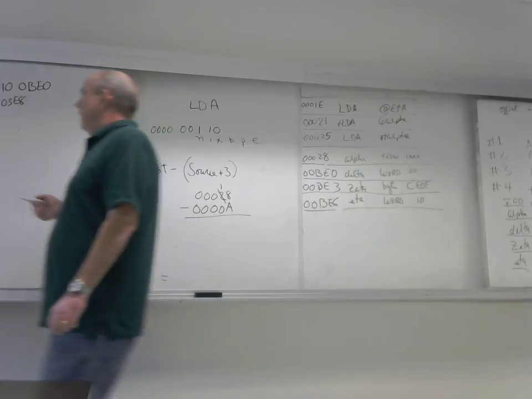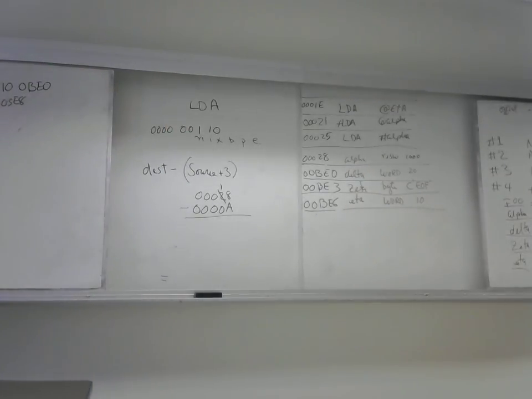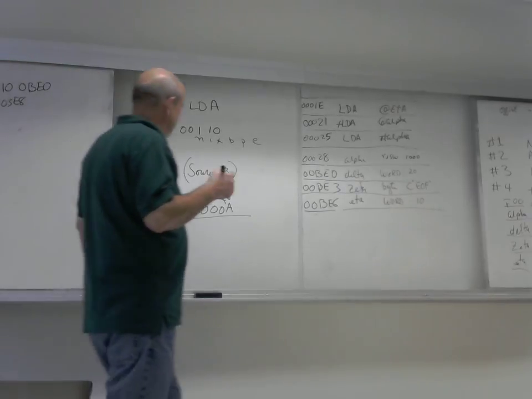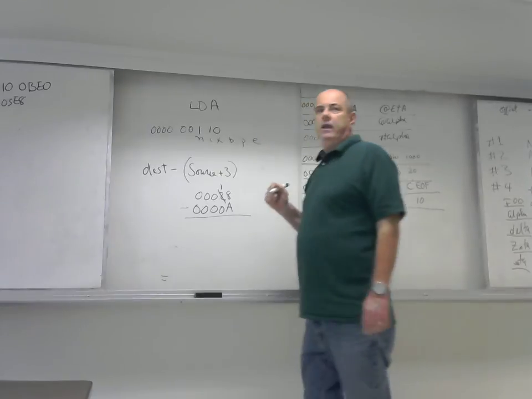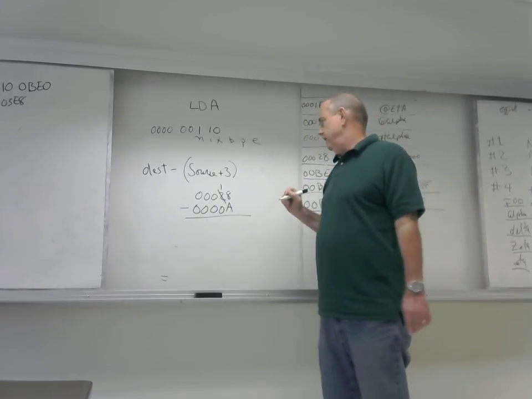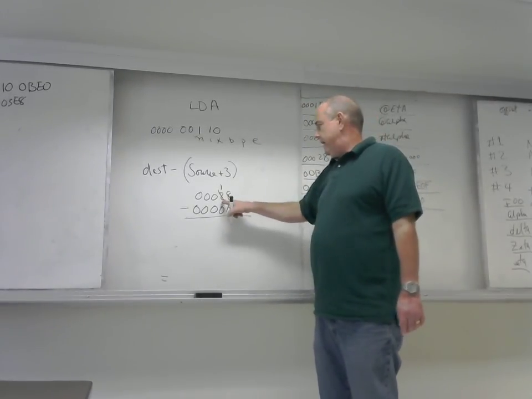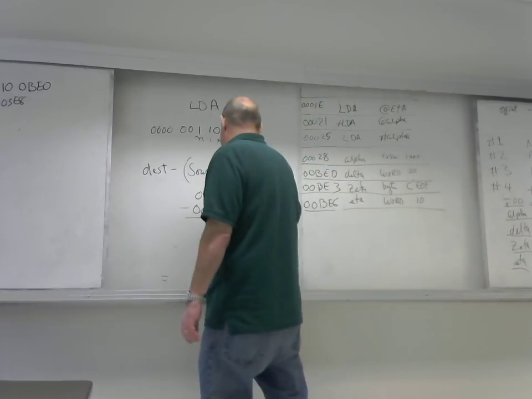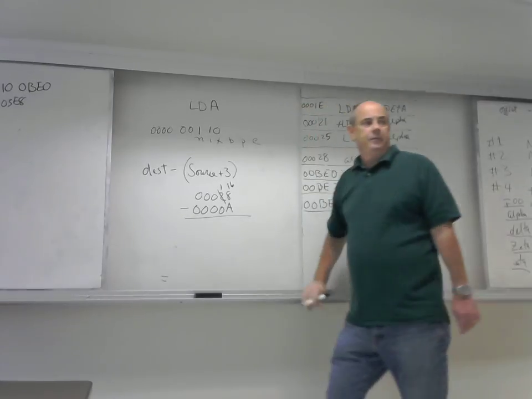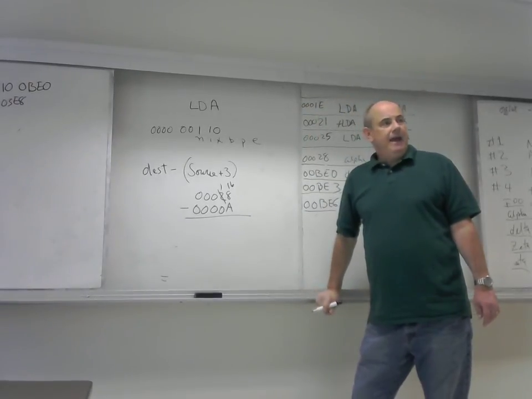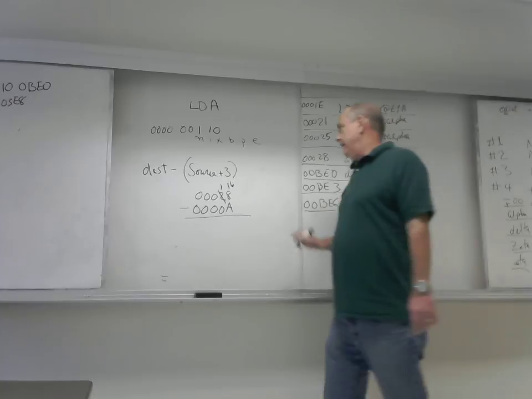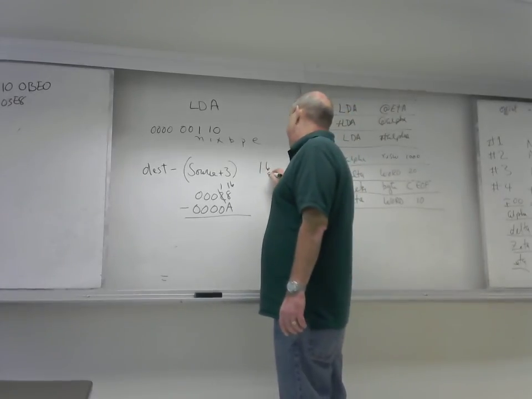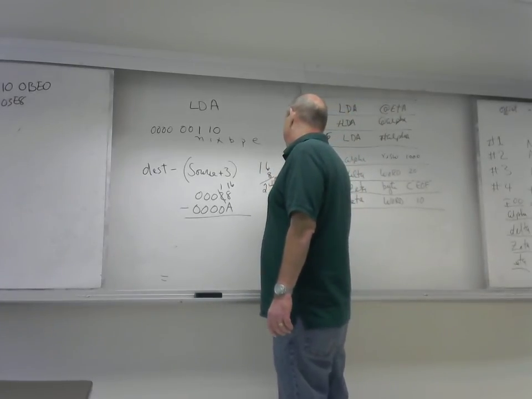Yes, it would, but there isn't. Okay, so we get 28 minus 8. Okay, 28 minus 10. So we cancel the 2, becomes a 1. We borrow 16 because this is hexadecimal. We already have 8, so 16 and 8 are 24.